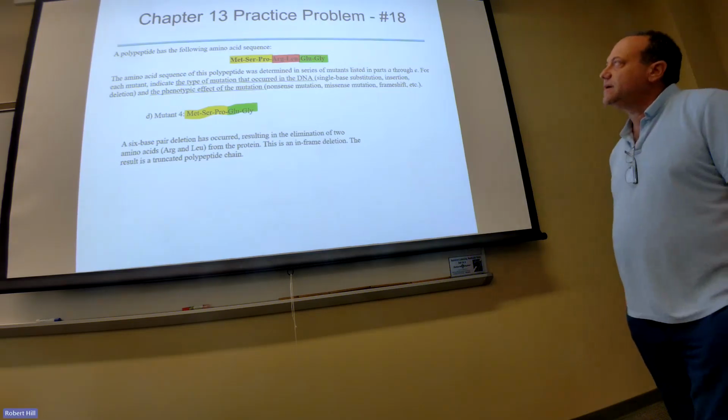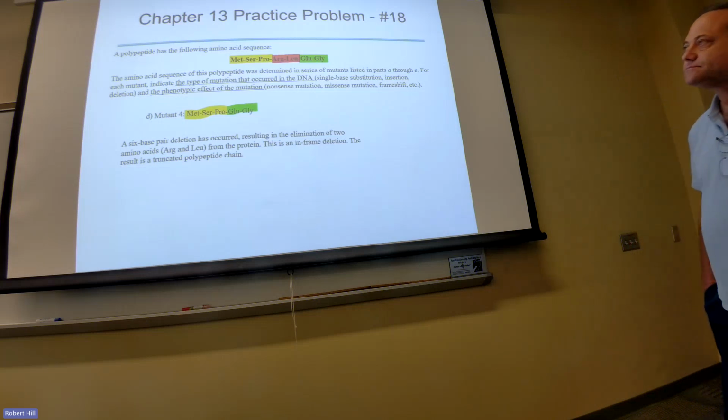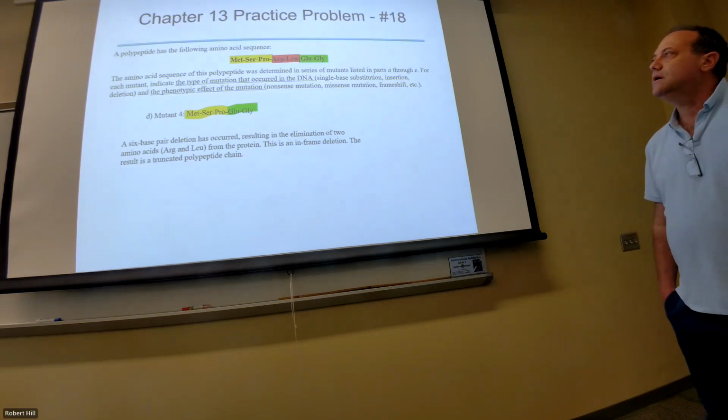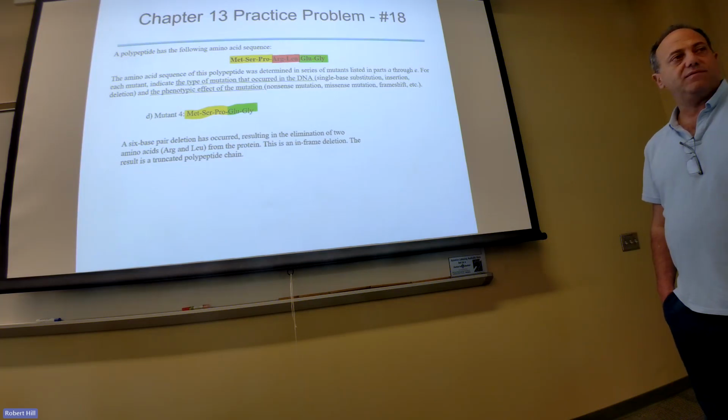So here it looks like when you compare the sequences, we lost that arginine and the leucine. So obviously something got deleted because the glutamate and the glycine remained. Then we have what's called an in-frame deletion, right?